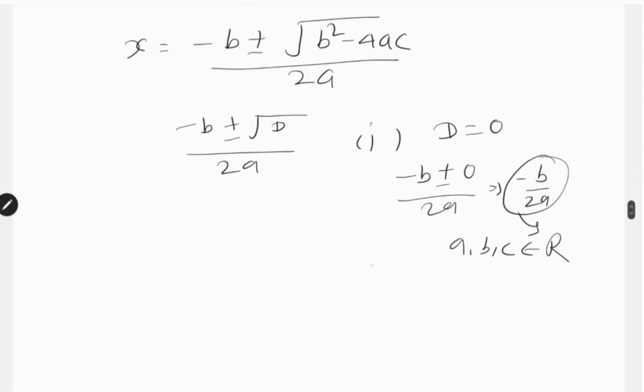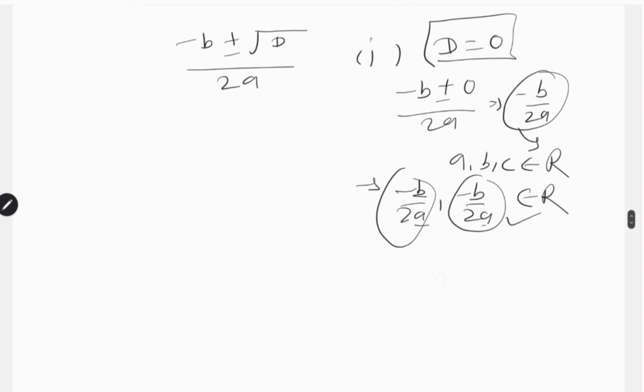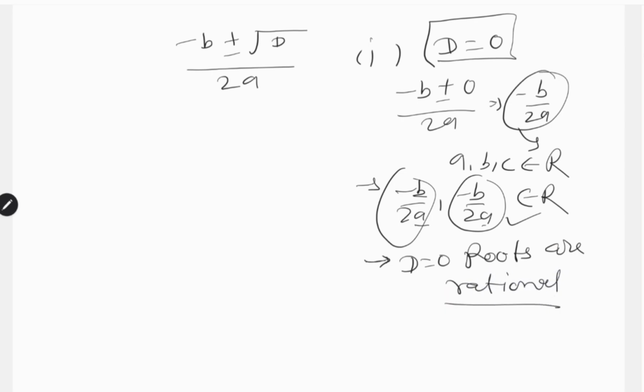Then the roots are -b/2a and -b/2a. With a and b real, the roots are real, and they are equal. Also, if D equals 0, then the roots are rational.